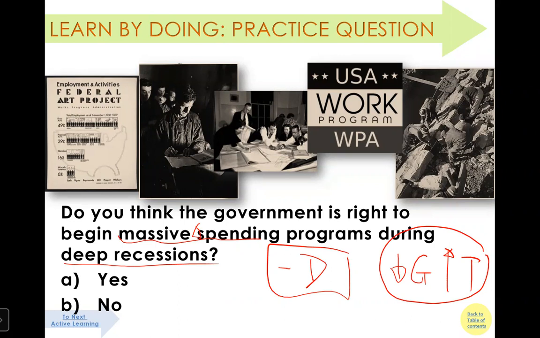But again, as I explained earlier, we really can't blame their mistake, because at that point, no one really knew what was going on, right? It's only after the Great Depression that we started to develop this theory. All right.